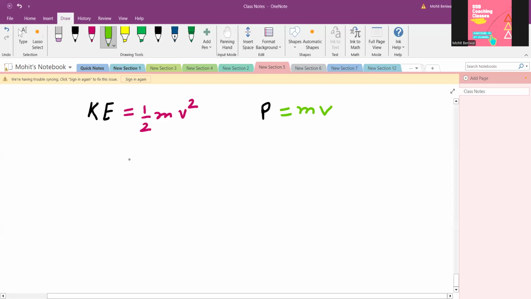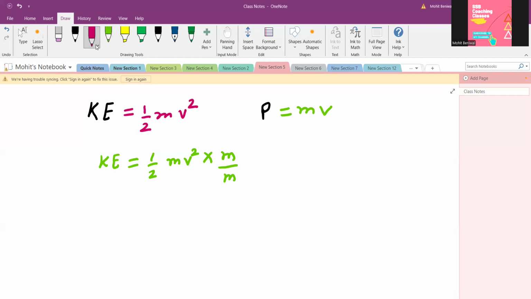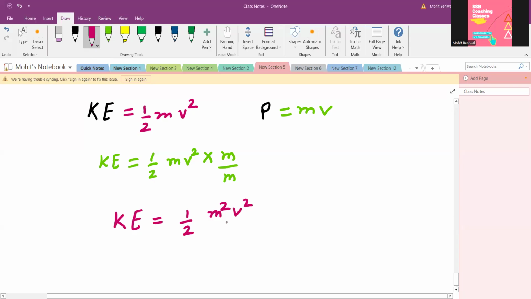Now, if in the expression for kinetic energy, we multiply by mass and divide by mass, then the mathematical expression remains the same. If I simplify it, I will be getting m square v square over m.